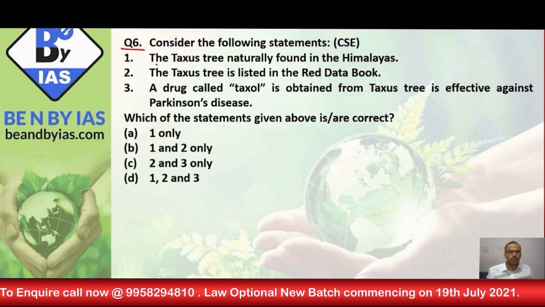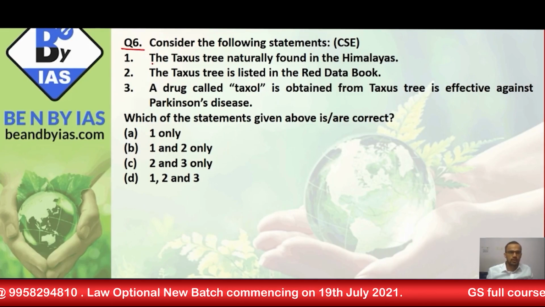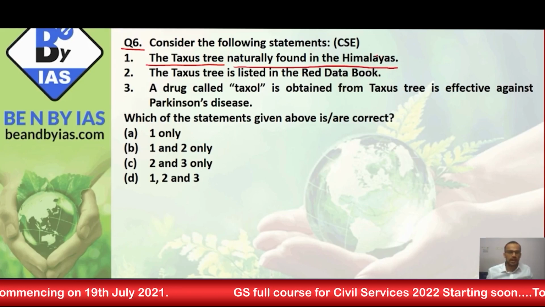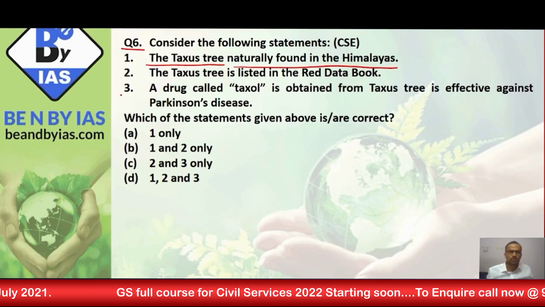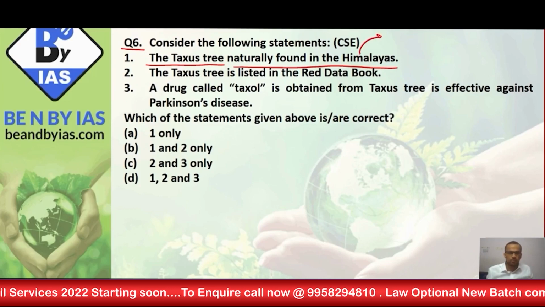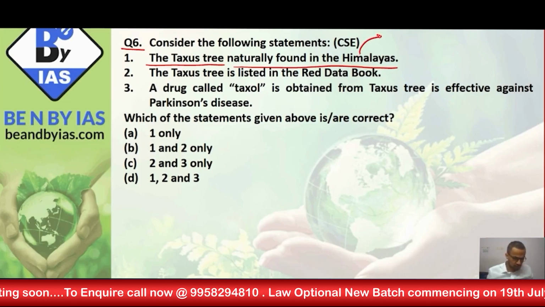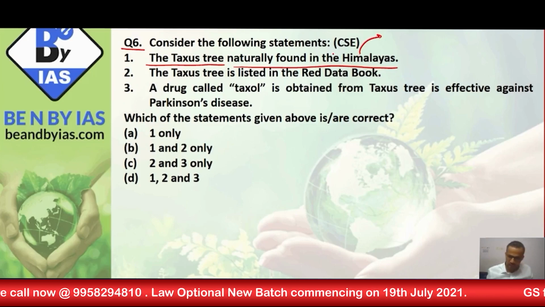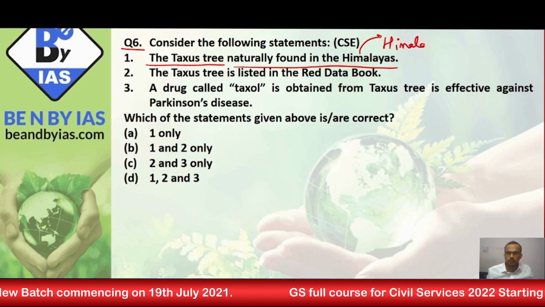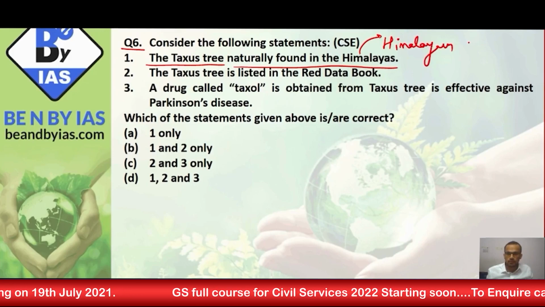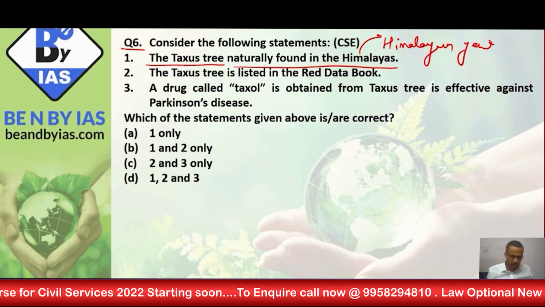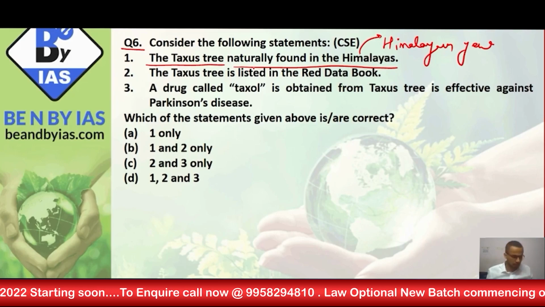Next is question number 6. Consider the following statements. First, the Taxus tree is naturally found in the Himalayas. So this statement is a correct statement, because the Taxus tree, which is also known as Himalayan yew, is naturally found in the Himalayas.